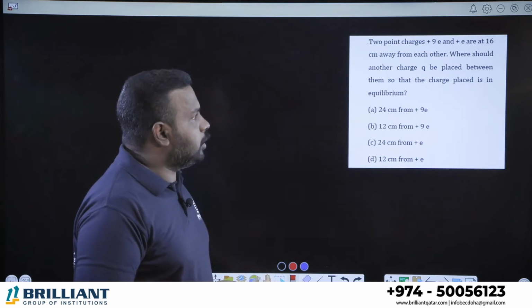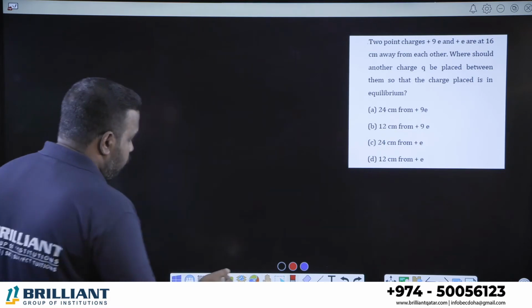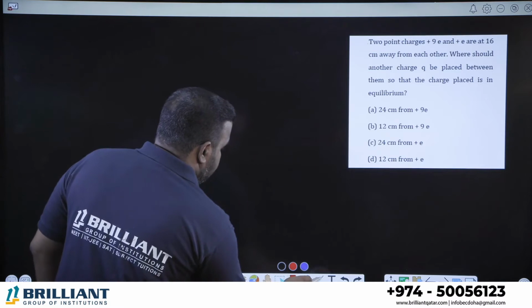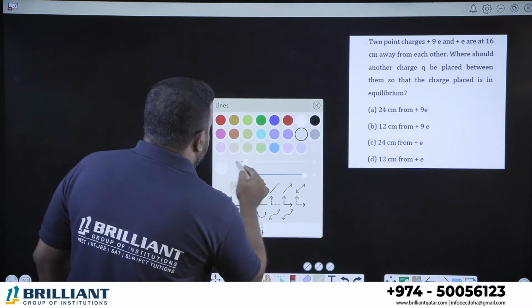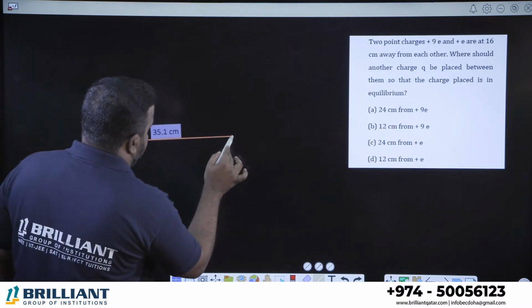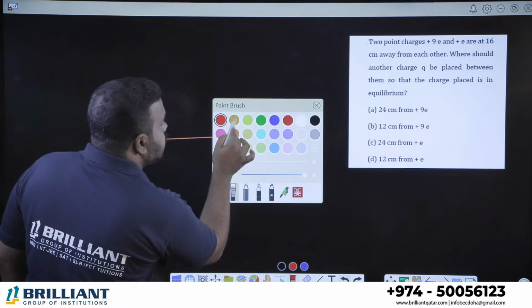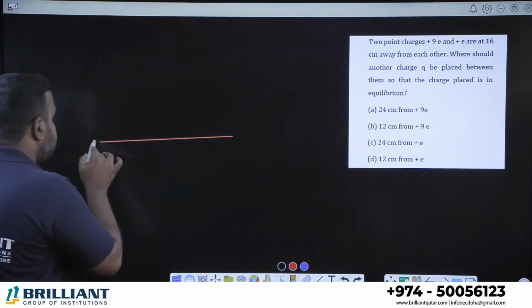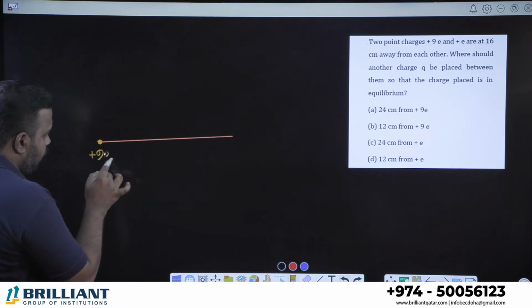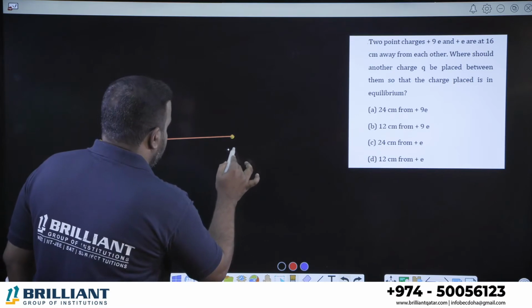Two charges are there, plus 9e and plus e, placed at a distance of 16 centimeter away. Consider this. Which is the first charge? You can see the first charge is plus 9e, and the other charge is plus e.